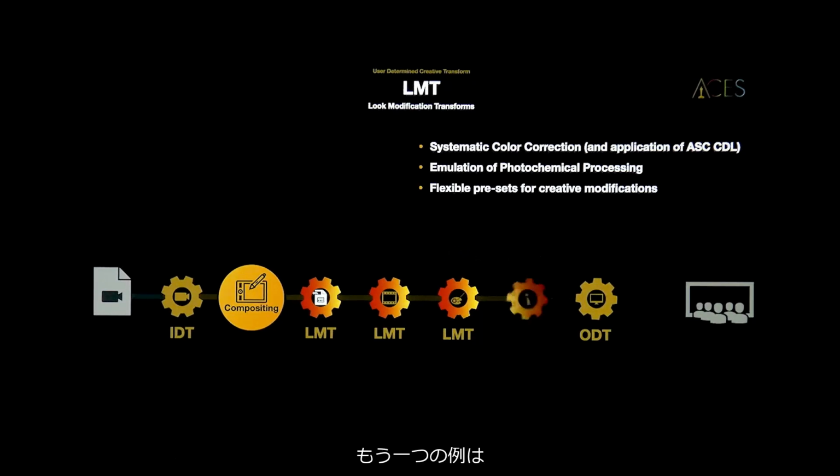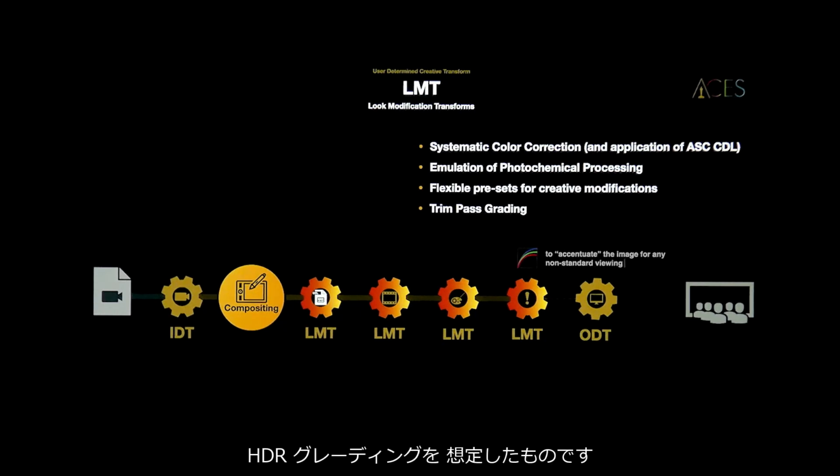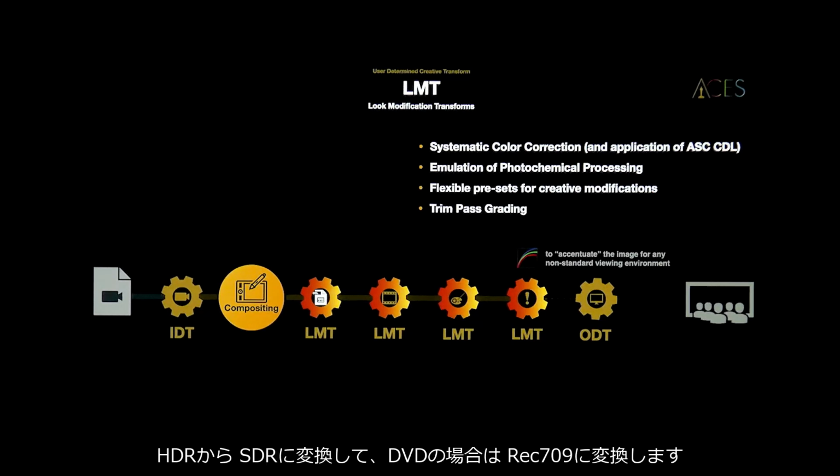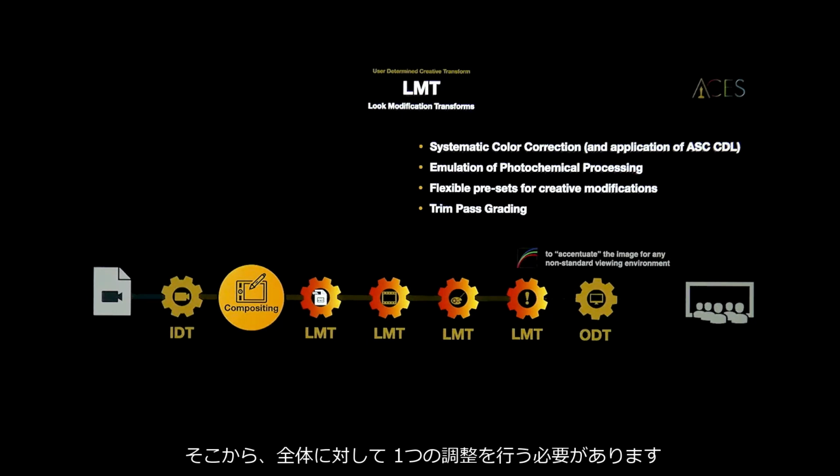And then another example, for instance, is to create what is called a trim grading, trim pass. That is when you imagine that you are doing your grading for HDR, and then you convert everything from HDR to SDR, so Rec 709, for instance, for DVDs, I don't know. And from there, you need to make one adjustment to the whole thing.